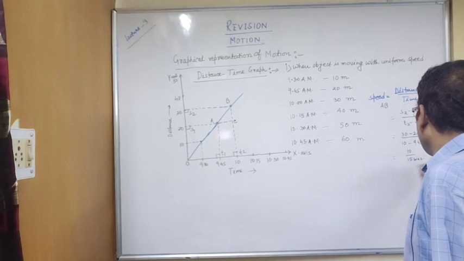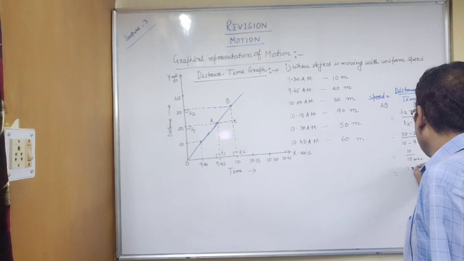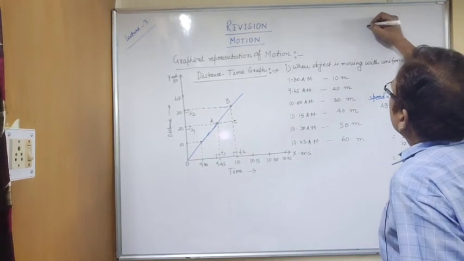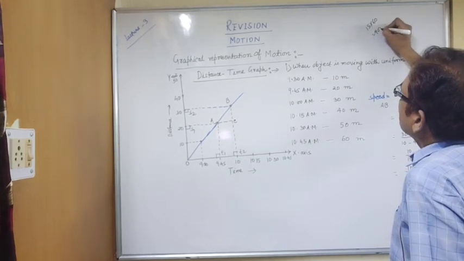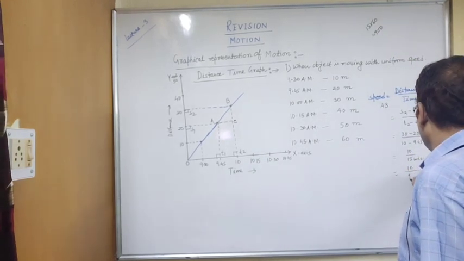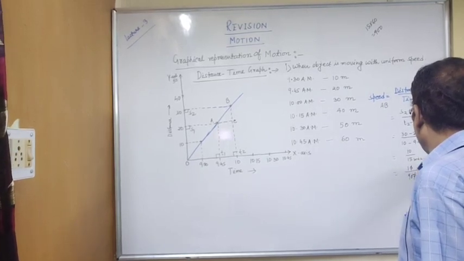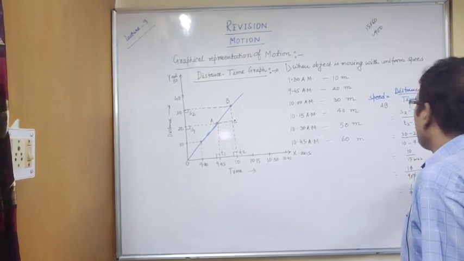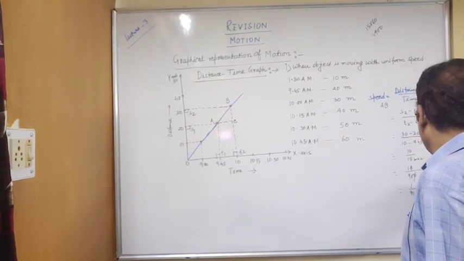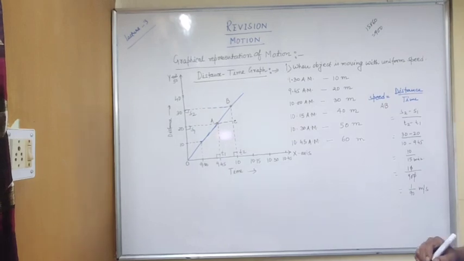If you want to convert it into seconds, so 15 into 60. So 900 seconds. So speed is 1 by 90 meter per second.